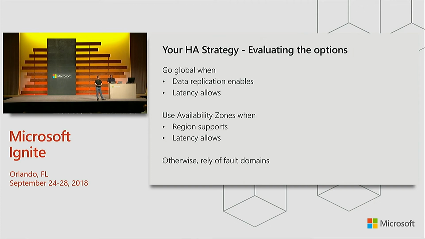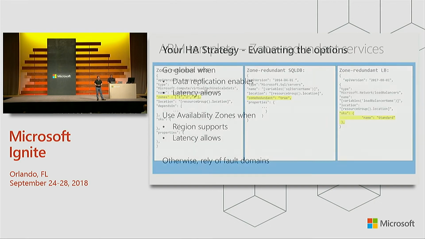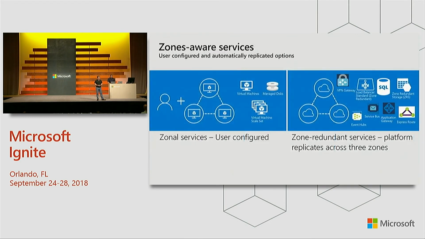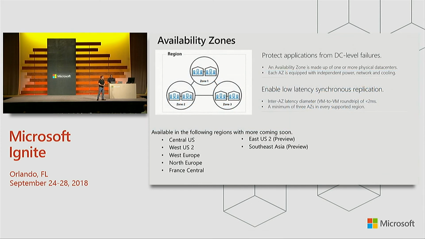In other words, going back to the regions with zones, if you deploy in US or in Europe, the two larger regions in Europe, North and West Europe, or Southeast Asia, you're good. If you are not, consider picking those regions first.